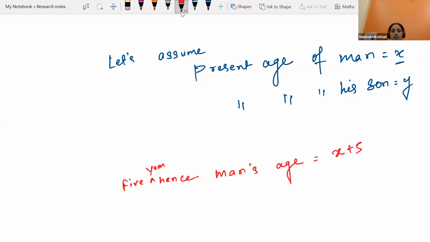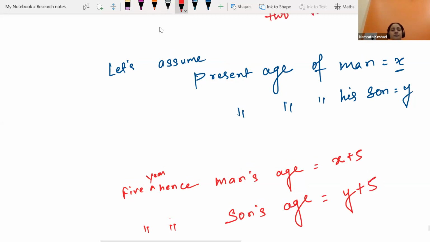Similarly, the man will also age like that, like our real world scenario. Now his son, what will be the son's age after 5 years? Y will become Y plus 5. After 5 years, son's age will be Y plus 5. Yes or no?